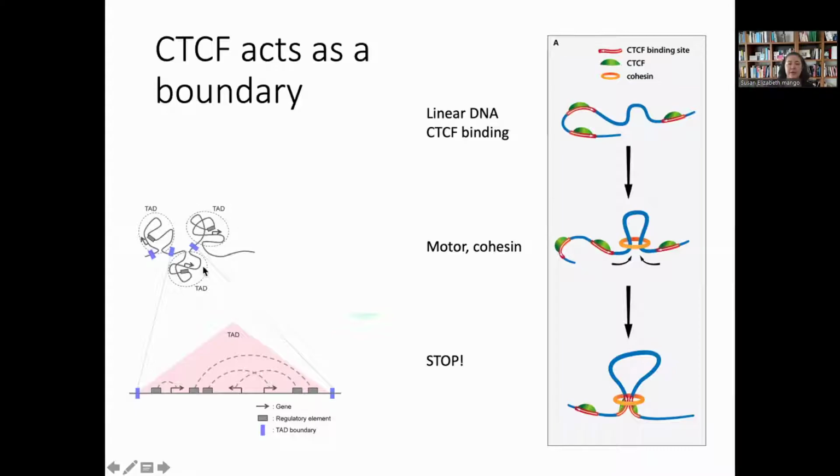And so here we have 3 TADs. Each of them is one of these big things. And then within it, we can get different kinds of interactions with the DNA. And so probably you learned about enhancers looping over to promoters. And so that happens within the TAD.